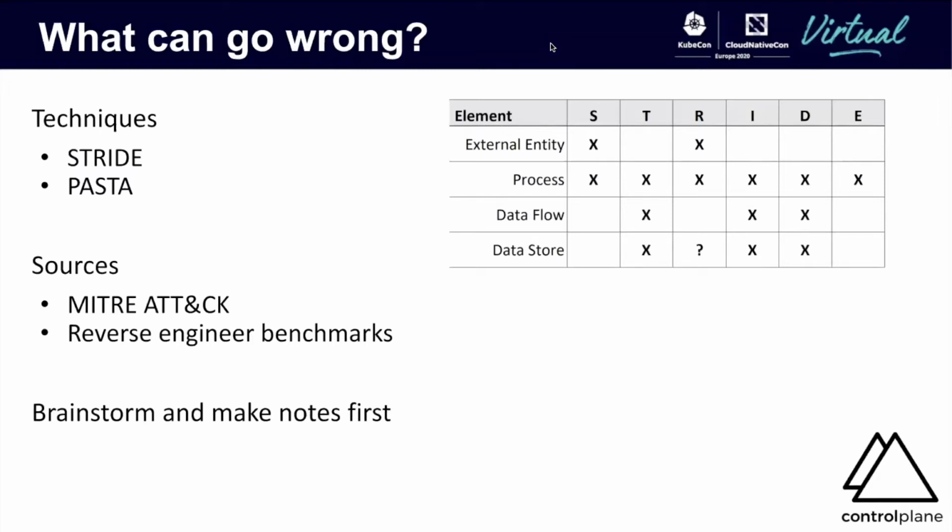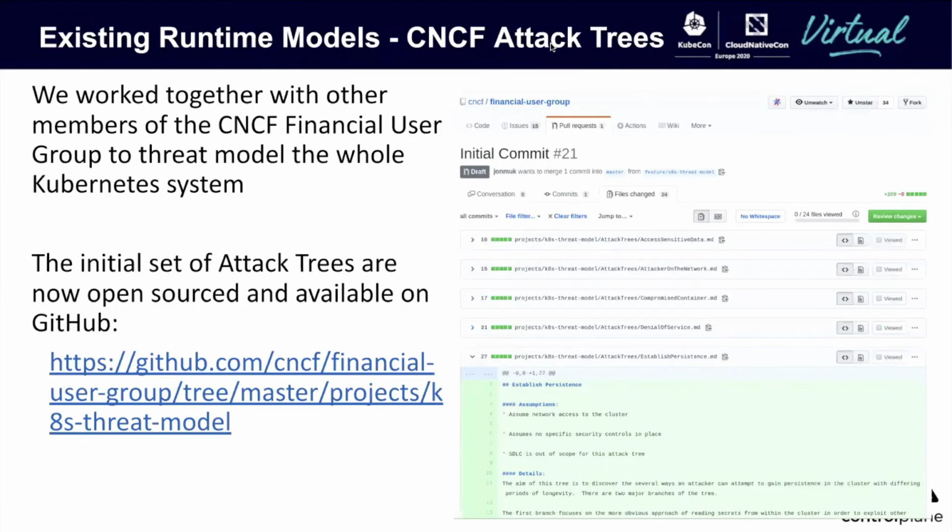Finally, when you're identifying threats, there are a wealth of great talks and existing threat models available within the community. And so it's no surprise that I'm going to talk briefly about the CNCF Financial User Group attack trees. In conjunction with other members of the CNCF Financial User Group, we threat modeled the whole Kubernetes system by asking what can go wrong.